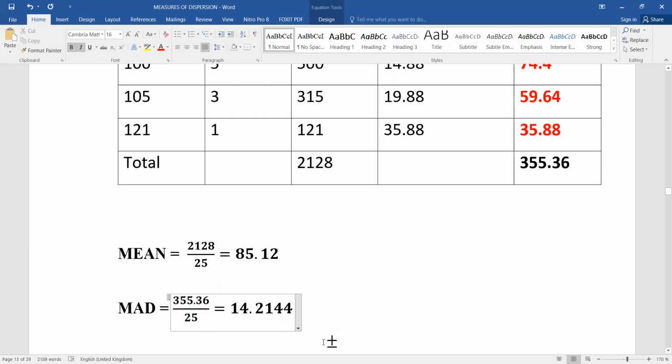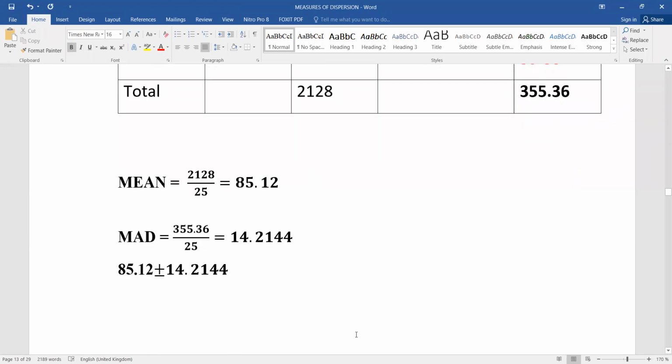So we can say that the mean absolute deviation is 85.12 plus or minus 14.2144. That's the final answer. It's enough.